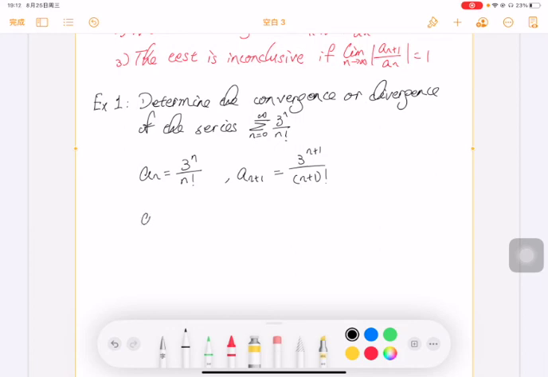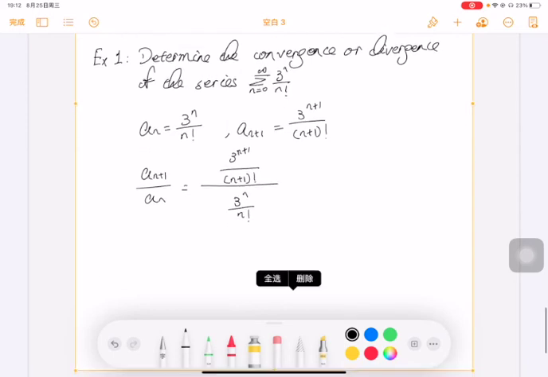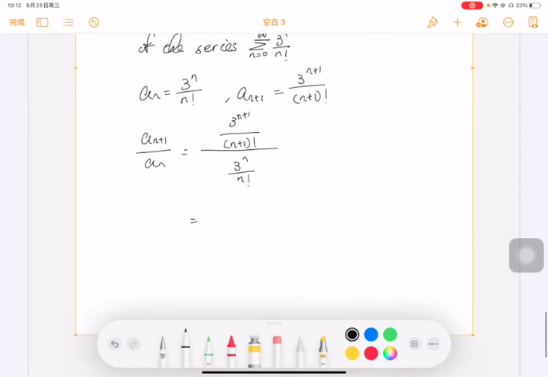Right, and then we have a_(n+1) divided by a_n equals 3 to the n plus 1 over (n plus 1) factorial, divided by 3 to the n over n factorial. Clean it up a little bit. We get 3 to the n plus 1 times n factorial divided by 3 to the n times (n plus 1) factorial.